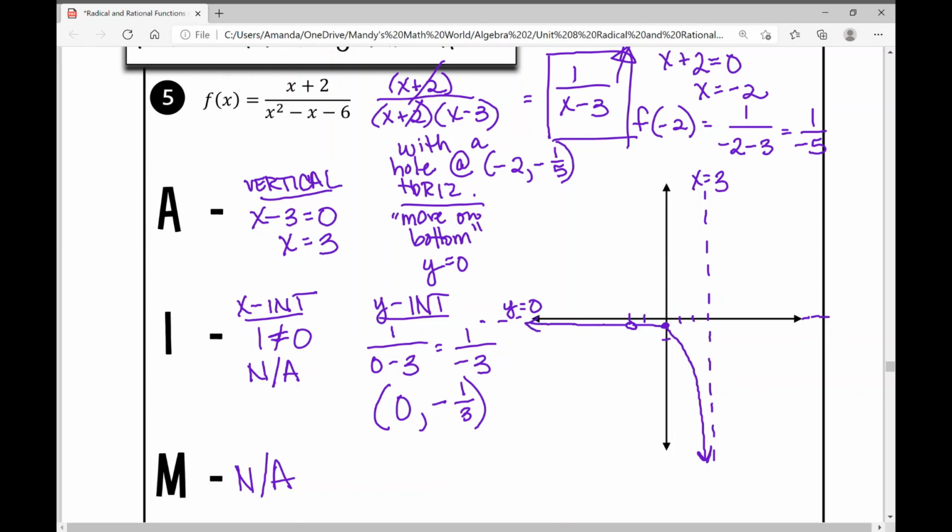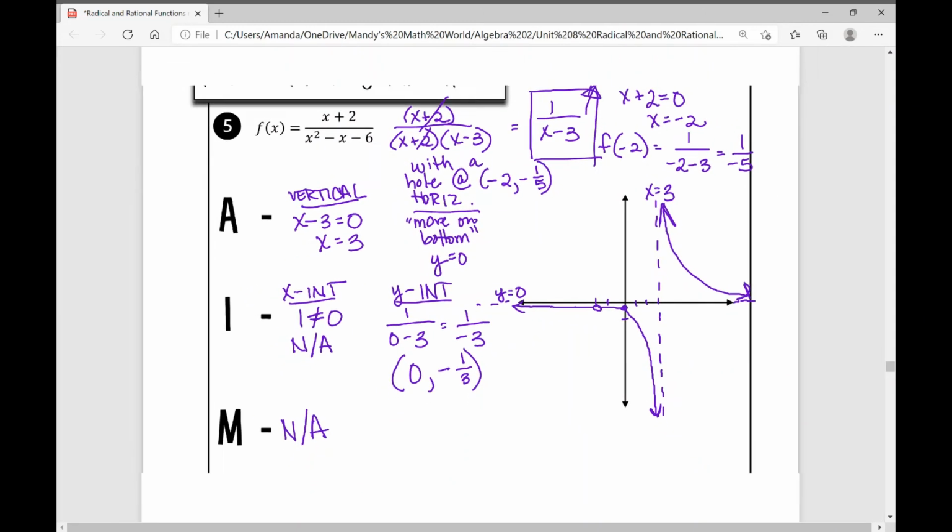And that's how you would draw that. So there's the hole at negative 2, negative 1/5. Okay, you just signify it as an open dot. So since there's no multiplicity here, it's not going to meet at the asymptote, which means the other part of the function is across from it. Okay, remember, it's not going to be directly above it because that would not be a function. It's going to be across from it.